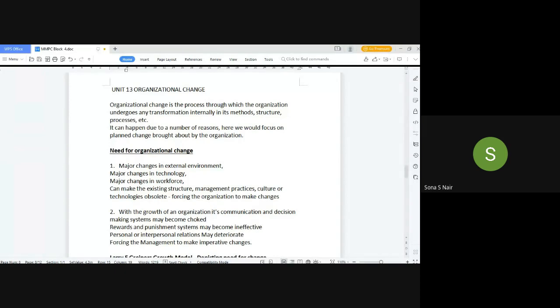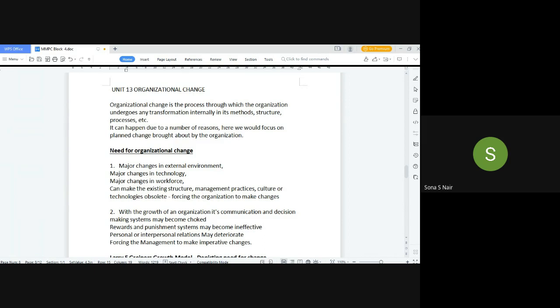It's Unit 13, organizational change. Now, this is a new topic, which is a little different from what has been covered till now.